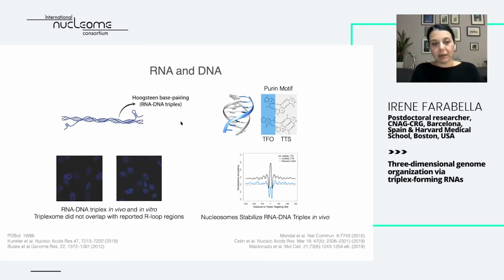Over the years, there have been a lot of debates about whether this type of structure exists in vivo, and they indeed do exist, both in vivo and in vitro. Interestingly, the triplexome does not overlap with reported R-loop regions along the genome.